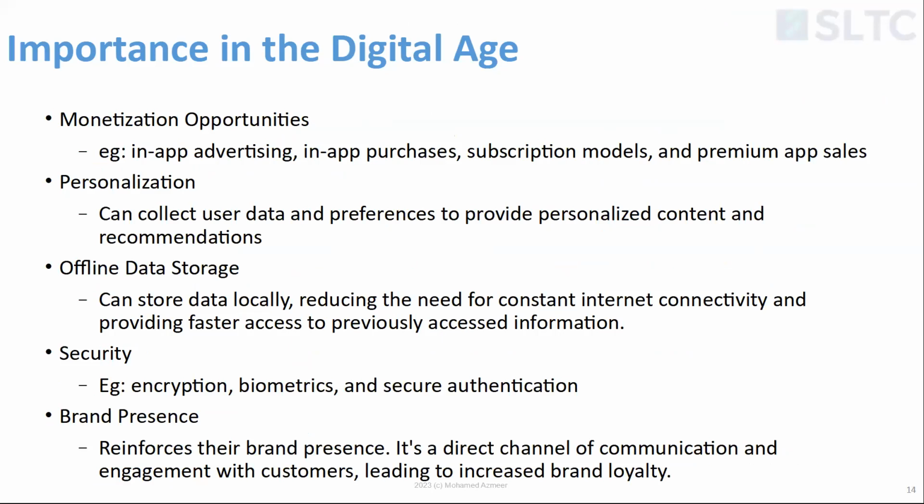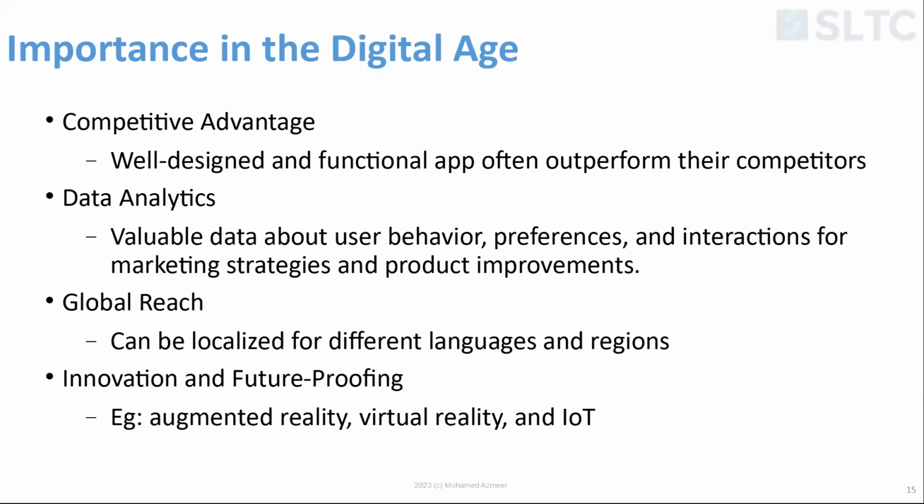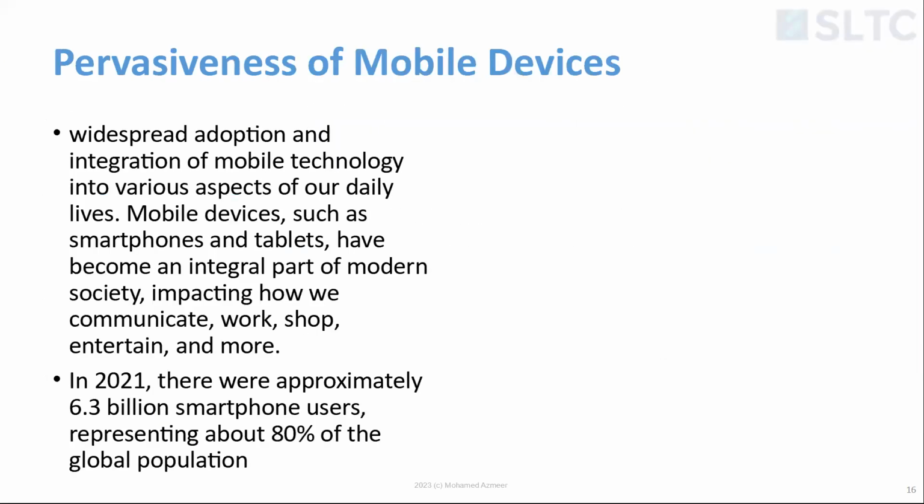So these are some of the other benefits. Monetization, meaning you can make money out of this. Personalization, offline data storage, security, brand presence. So all these are advantages for companies, right? So companies also want to make very good, smooth mobile applications. Right.